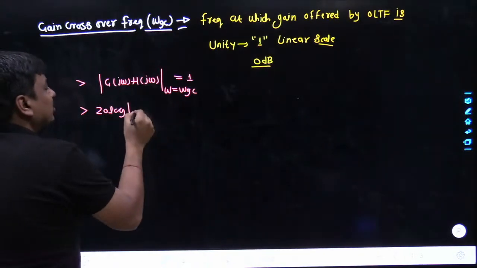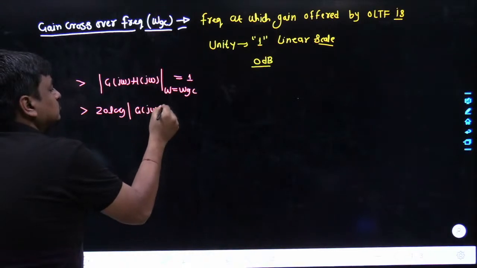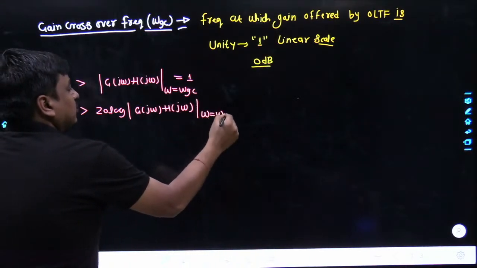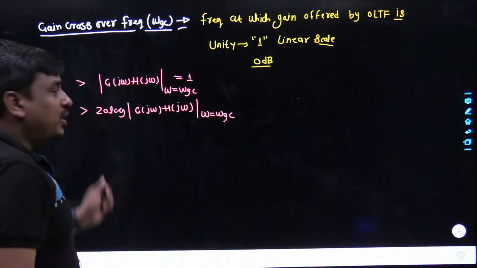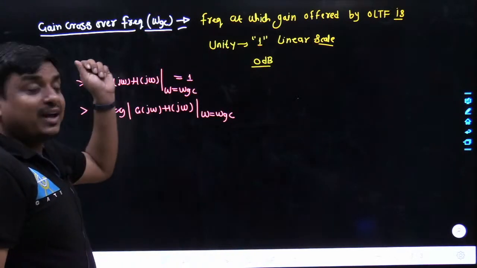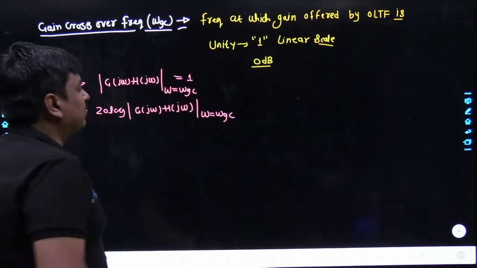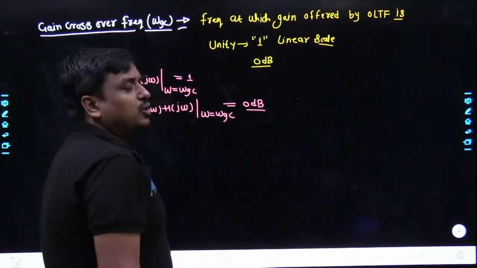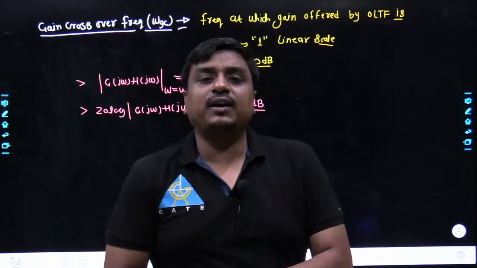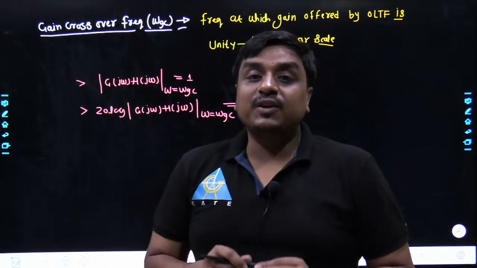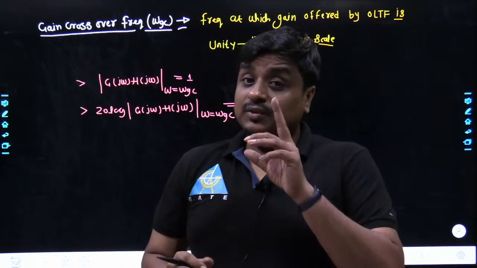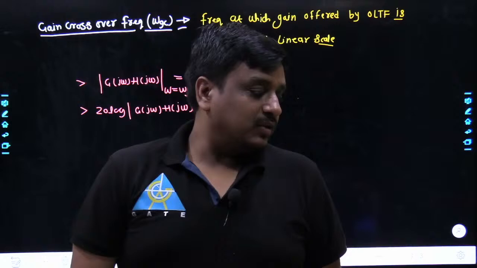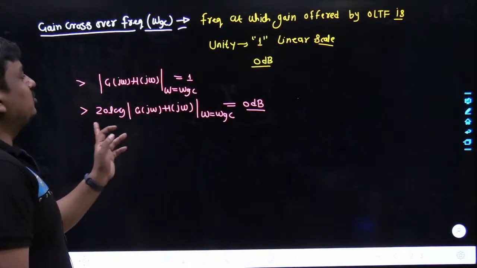There omega would be omega GC, that is also okay. |G(j omega) H(j omega)| at omega equals omega GC. And as you have taken 20 log towards the left hand side, so the 20 log has to be taken towards the right hand side, and here it simply becomes 0. Agree? So whenever we talk about the omega GC, basically you have to find the value of operating frequency at which the gain offered by the OLTF is unity in linear scale or 0 dB in logarithmic scale. Agreed? Till this point nobody should have any doubt as such.